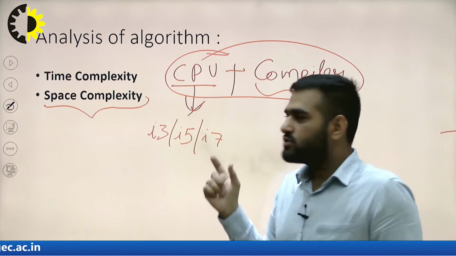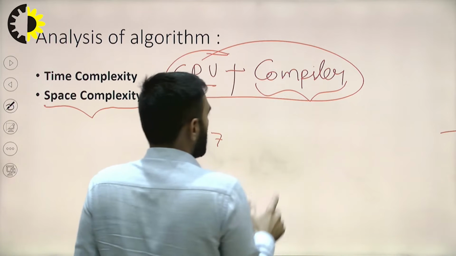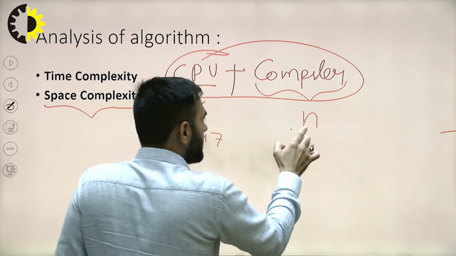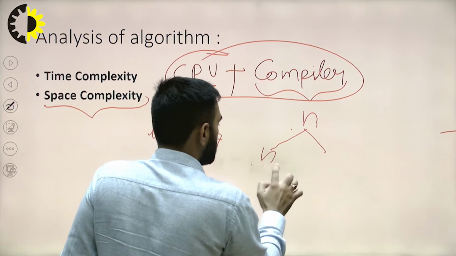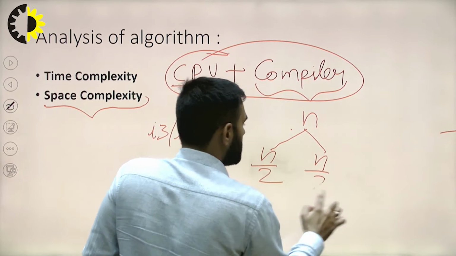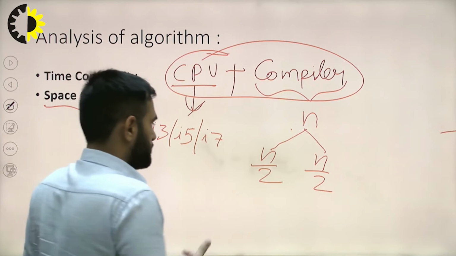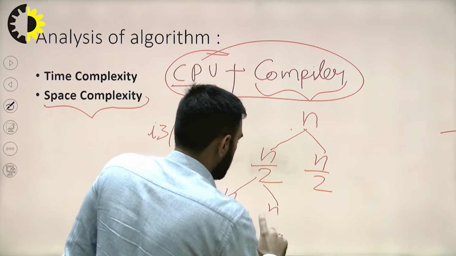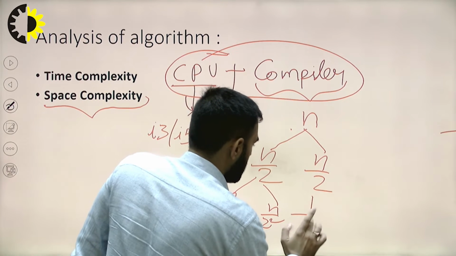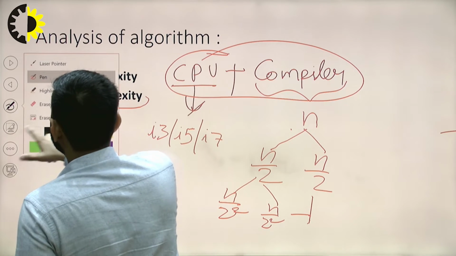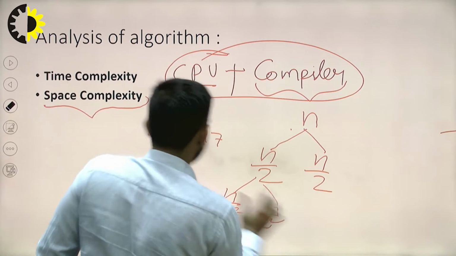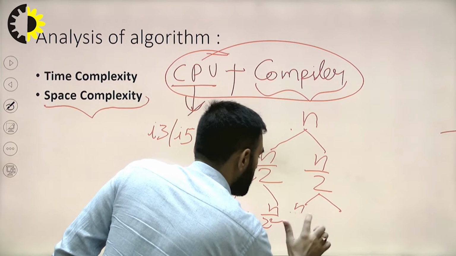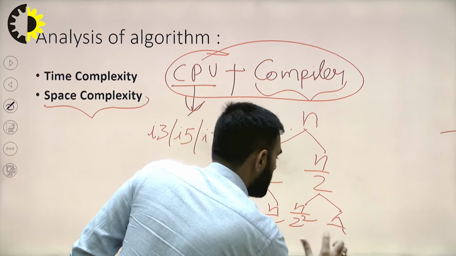Suppose we have an algorithm with input n, and it is further divided into two parts, n by 2 and n by 2, then further n by 2 squared, n by 2 squared.